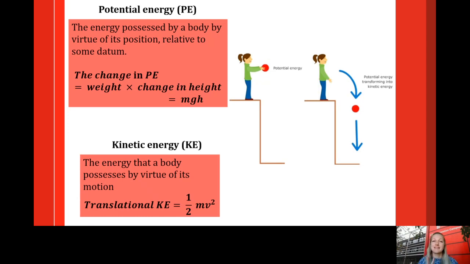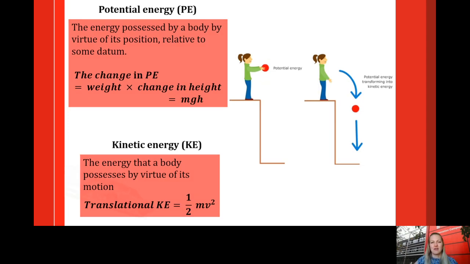And then my second energy is kinetic energy. So kinetic energy is an energy that a body possesses by virtue of its particular motion. This comes from half times the mass times the velocity squared of that particular object.